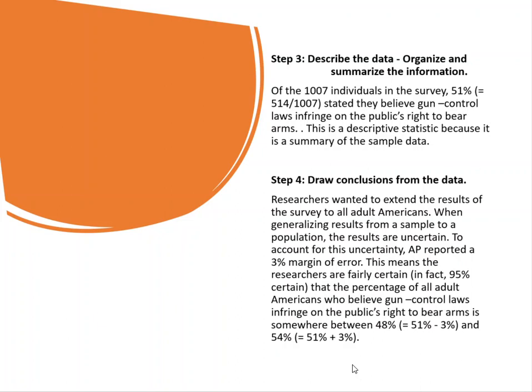We do this by reporting a margin of error. You can see here that the AP reported a 3% margin of error with a 95% certainty.